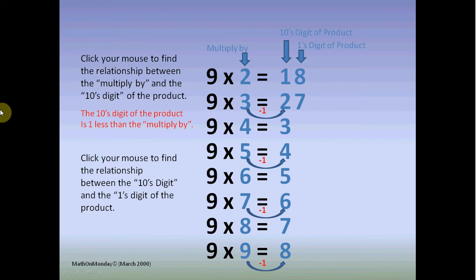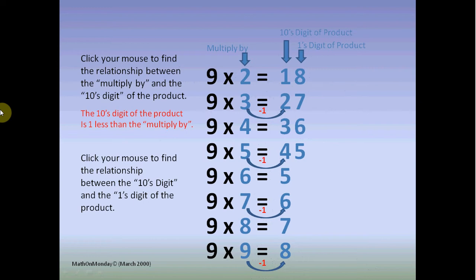But I'm really interested in you seeing the individual pattern for each situation. If we have a 2, can we figure out we need a 7? If we have a 3, can we figure out that we need a 6? A 4? There's a 5.